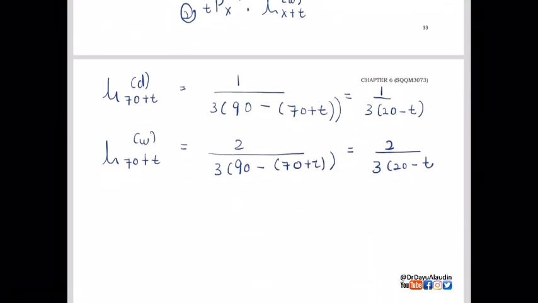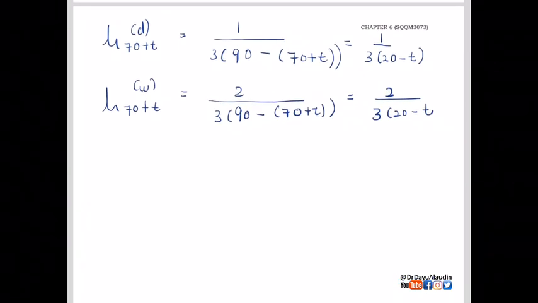Okay, now we can find tPx tau. So tPx tau is equal to, so x is 70, because given that this individual must survive or be alive until age 70.